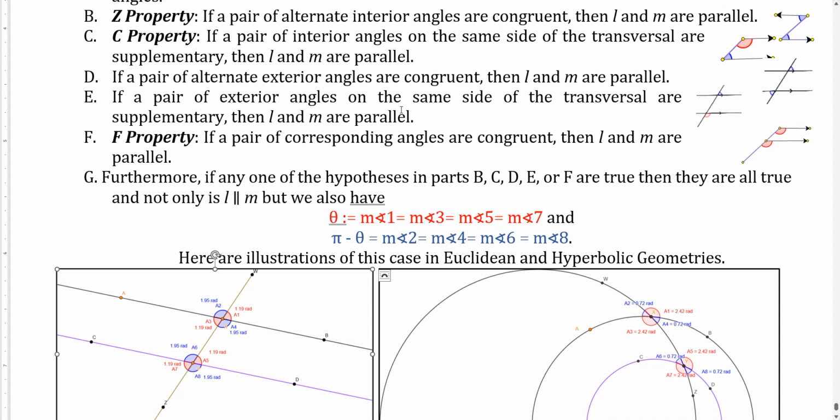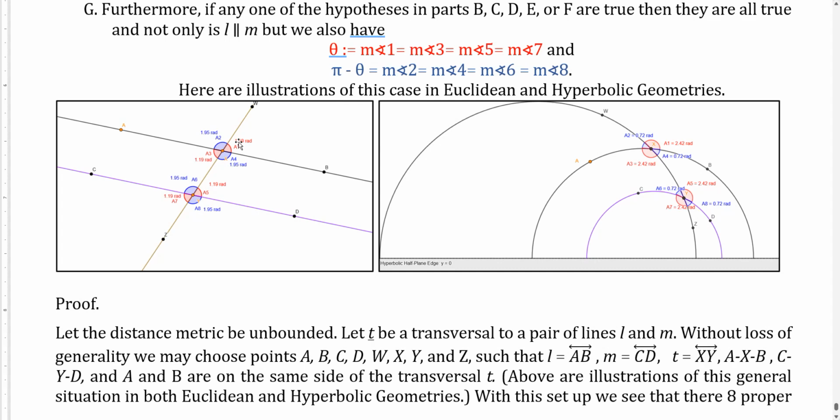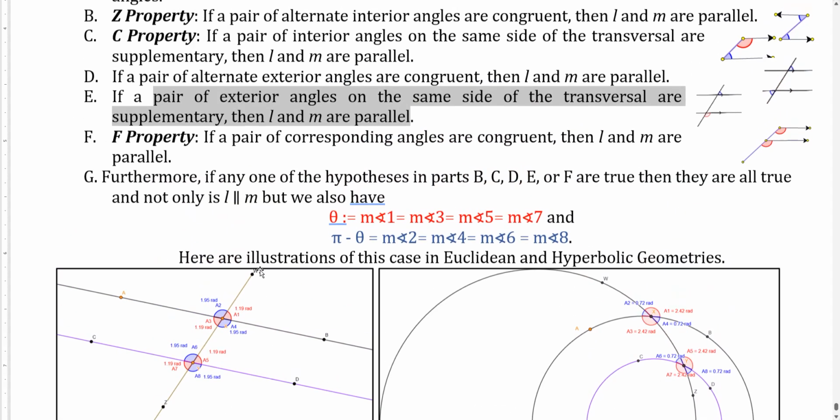Exterior angles on the same side are supplementary. That would be like A1 and A8. If those are supplementary, then these two inside are supplementary. We already showed that's enough to make our pairs.